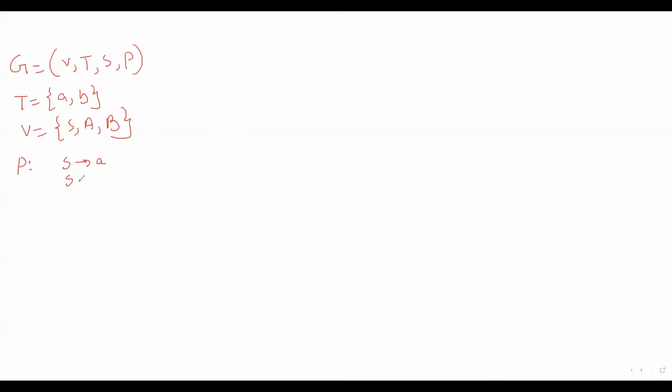Okay, so let me give an example here. Let me write a grammar. Let's say G is a grammar with the following V, T, S, P. Let's say the terminal symbols are a, b, and the non-terminal symbols are S, A, B. We know S is the start symbol, and the following are the production rules: S gives a, S gives b, S gives AB, A gives a, and B gives b.